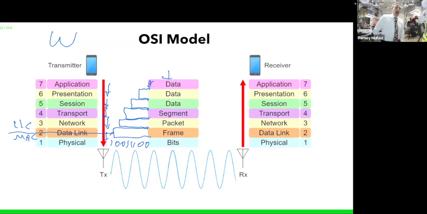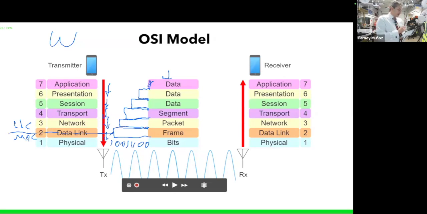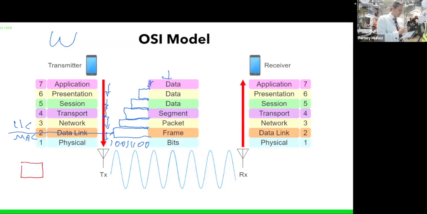If it is Wi-Fi, those ones and zeros are going to be sent using microwaves. As a matter of fact, there's going to be a transmitter. Let me just make this a different color. This guy is going to induce an electrical current on a wire. That wire is going to go to an antenna.